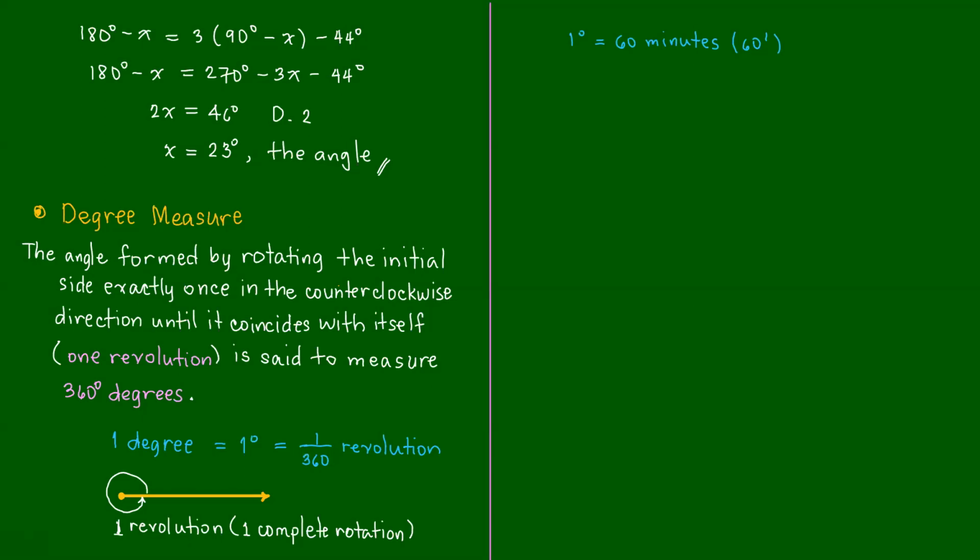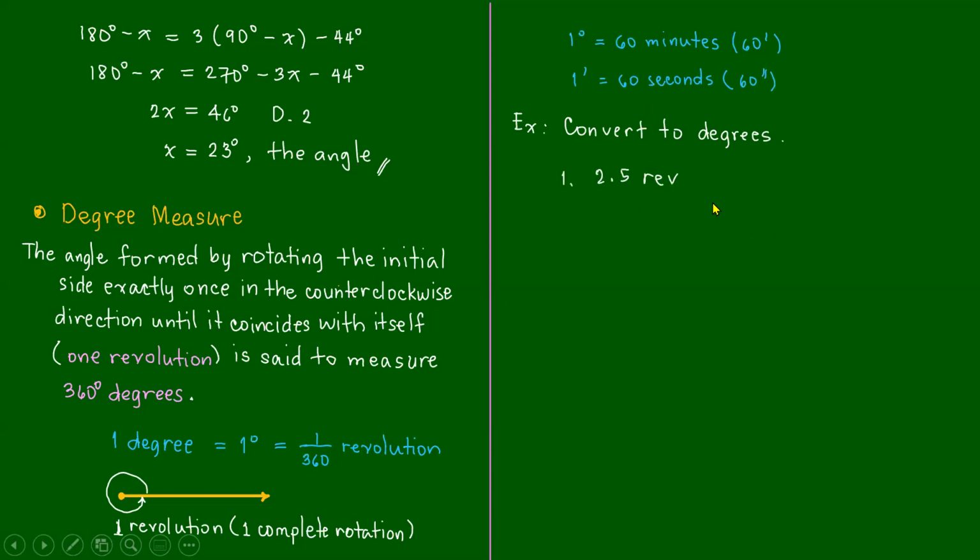A degree is divided into 60 minutes, and 1 minute is divided into 60 seconds. So let's have the following examples. Convert to degrees.